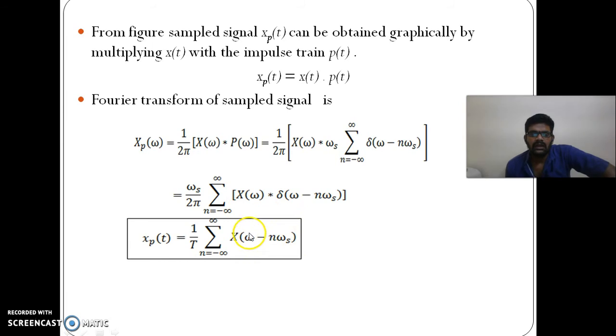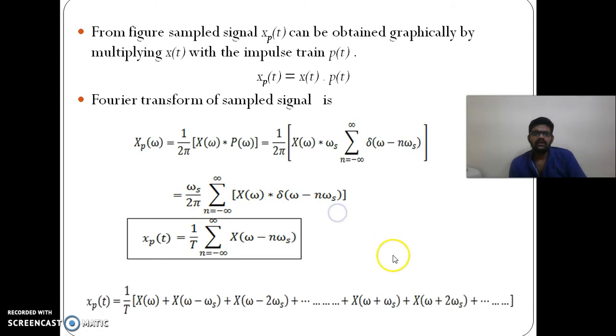So x of omega will be shifted by n omega s. For n equal to 0, it is x of omega. For n equal to 1, it is x of omega minus omega s. For n equal to 2, it is x of omega minus 2 omega s. At every n omega s, that is omega s, 2 omega s, we have the entire spectrum of x of omega just shifted, and similarly on the left side.